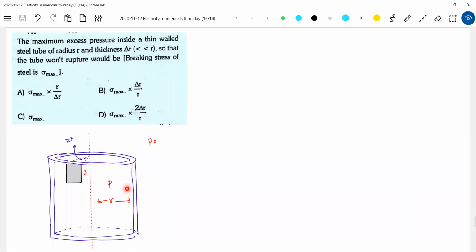Maximum excess pressure is asked. What is excess pressure? P minus P naught. From external also, the air present will exert a force. The difference of that is the excess pressure. What is the maximum pressure so that it won't rupture? The breaking stress of the material, sigma max, has been given. So how to correlate all?